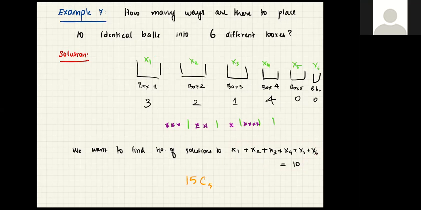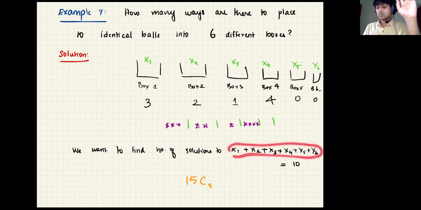Correct. Suppose I assign 1 1 1 1 1 1 to them. I have to have 1 1 1. I am left with what? This is already 6, so I'm left with 4. And this 4 needs to be distributed among these 6.